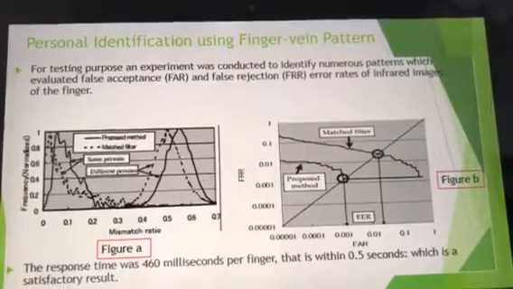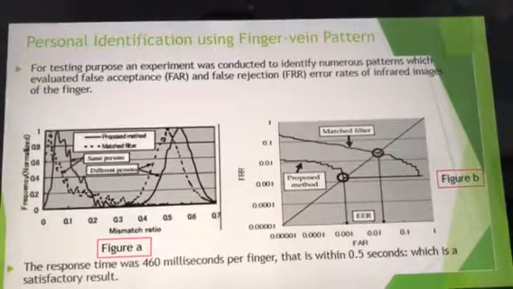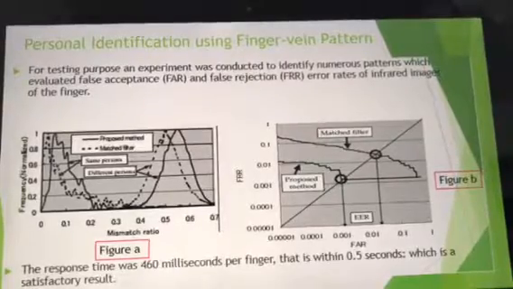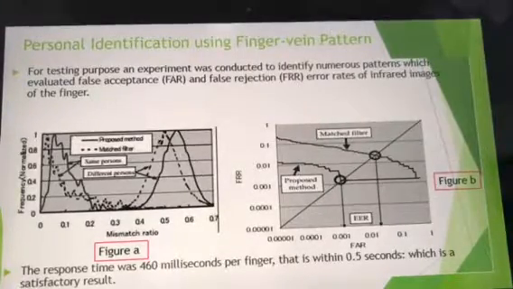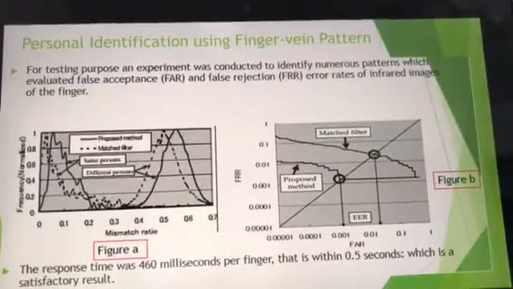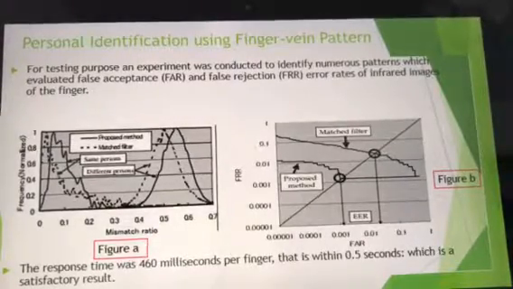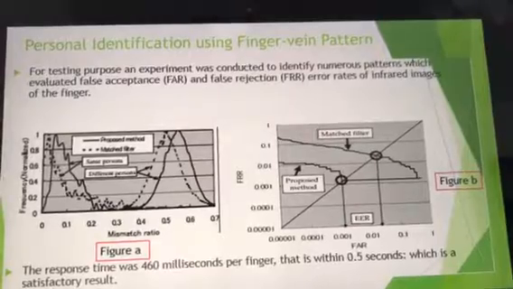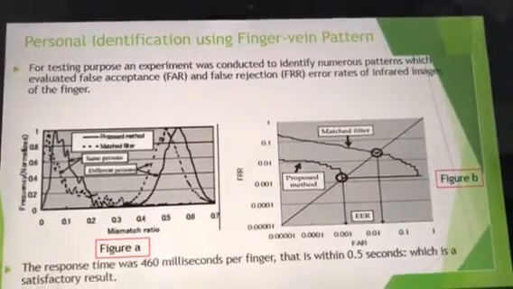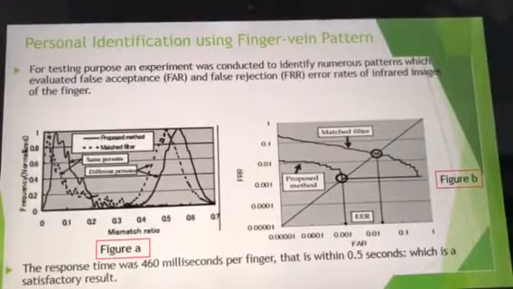For testing purposes, an experiment was conducted to identify numerous patterns, which evaluated the false acceptance rate (FAR) and false rejection error rates of infrared images of the finger. This was done using various data plotting techniques.